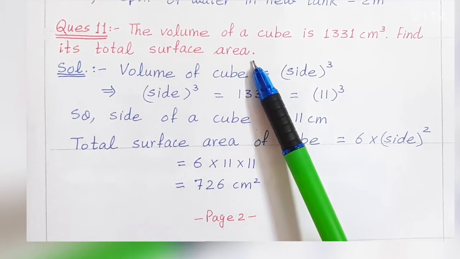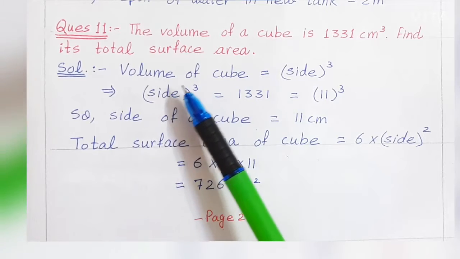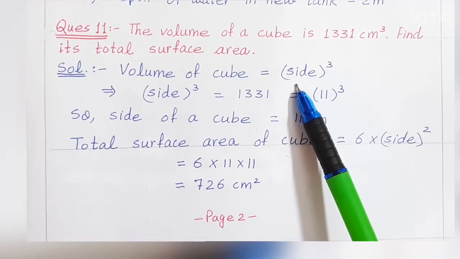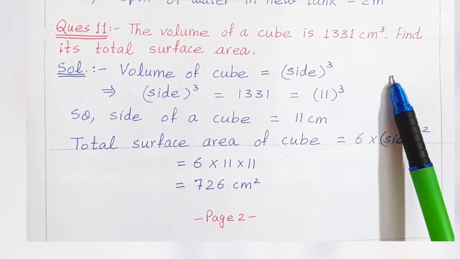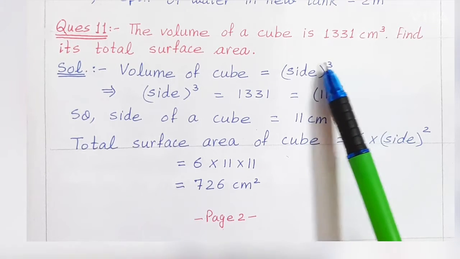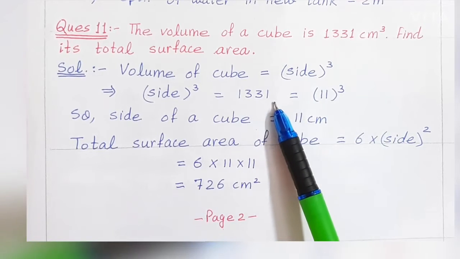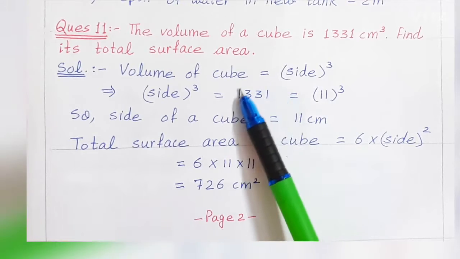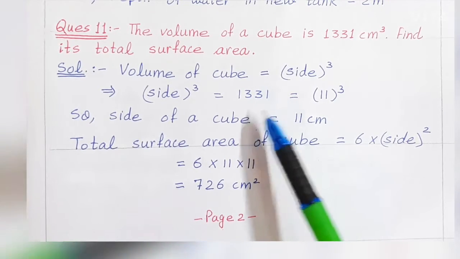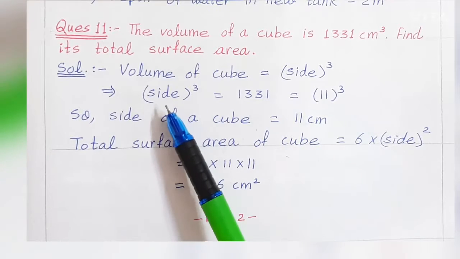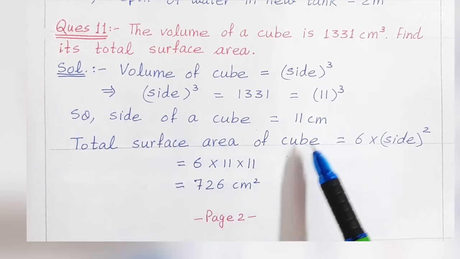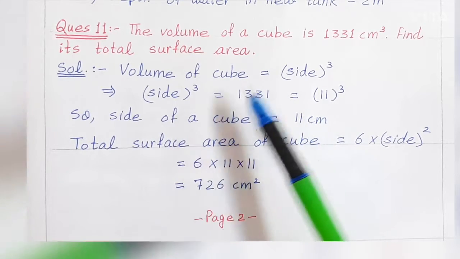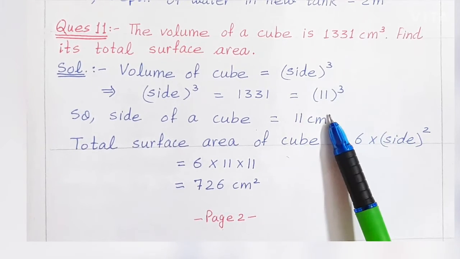Now students, we know that volume of cube is side cube, that is side into side into side, which is already given to us as 1331. Now we know that 1331 is a cube of 11. So side will be 11 centimeter. Clear? So therefore the side of the cube is 11 centimeter.